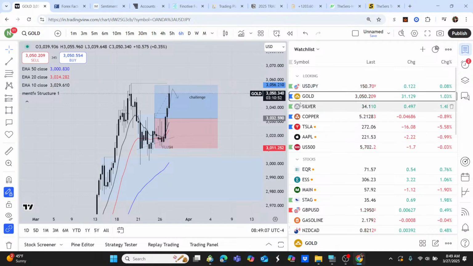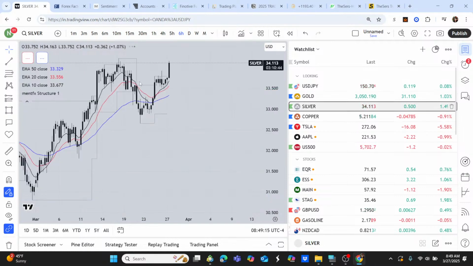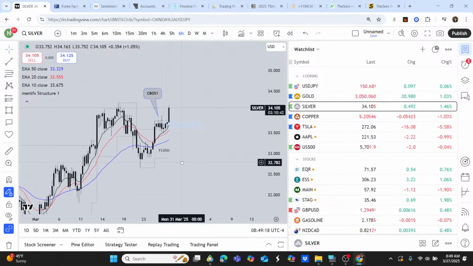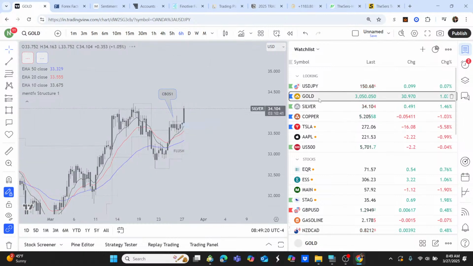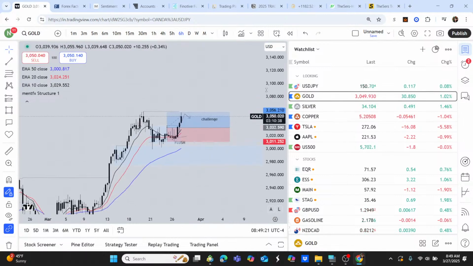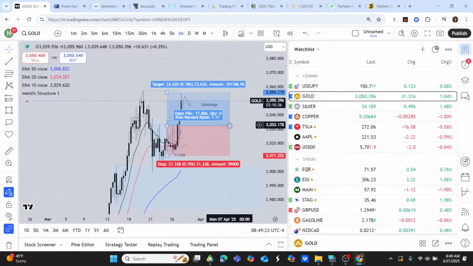So if I was to pick between gold and silver, I'll have to pick one to basically look at because they move similar and stuff like that. Because if I analyze gold, so I'm in a trade for my challenge right now. I entered this last night. So I don't usually record the challenges live. It's only the funded accounts.